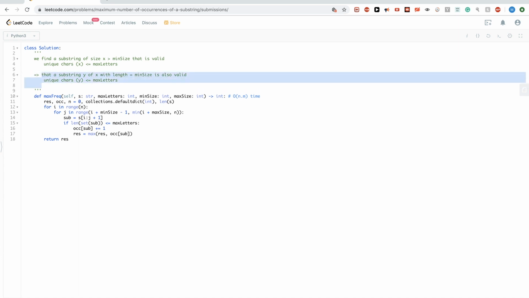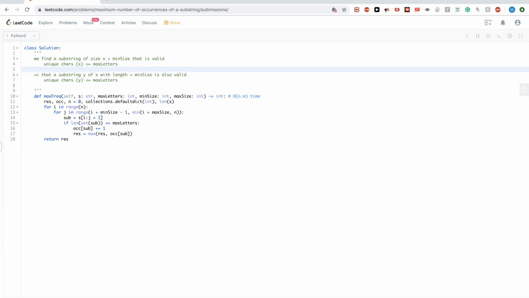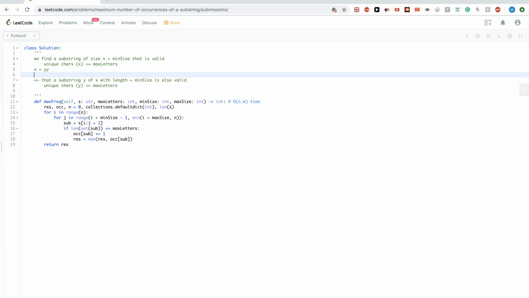So that means that this one here is also valid, and this one certainly occurs either the same amount of times, or maybe it occurs more, because maybe x is just y, right?